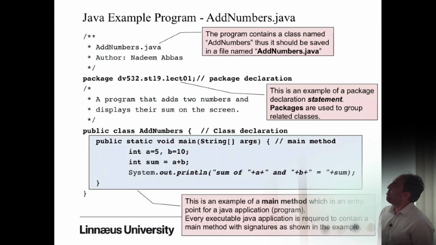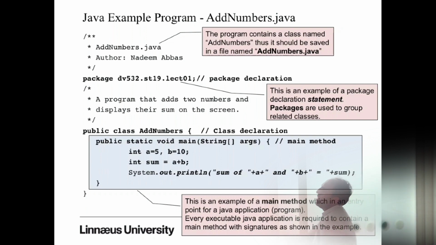Okay. Then here, if you look, it's just some simple description of what is happening. So this program, it's a self-descriptive slide. Here we have a program that contains a class AddNumbers, and then we also have a package declaration here.